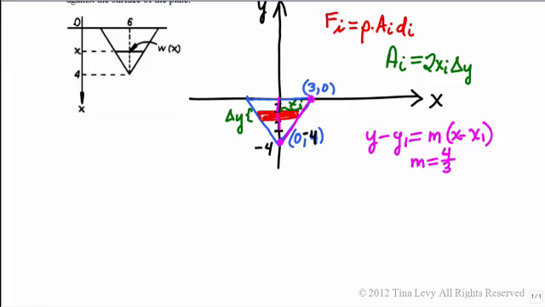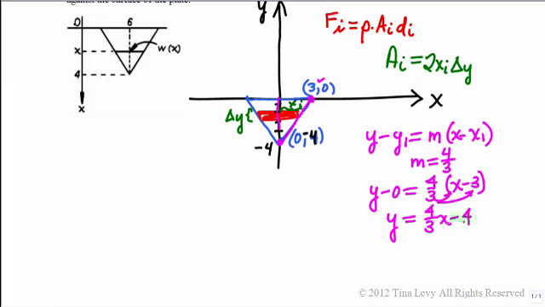And using either the 3, 0 or the 0, negative 4, let's use the 3, 0. I get y minus 0 is 4/3 times x minus 3. So I get the equation y equals 4/3 x, and then I distribute that through and I get negative 4.